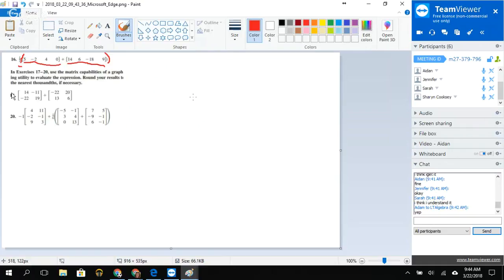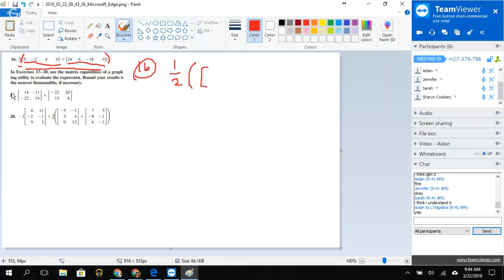So for number 16, for example, I have 1/2 out front, right? I'm going to deal with that later. I'm going to go ahead and do my matrix addition that's inside my parentheses. So I have a 1x4 plus a 1x4, so I'm going to end up with another 1x4.